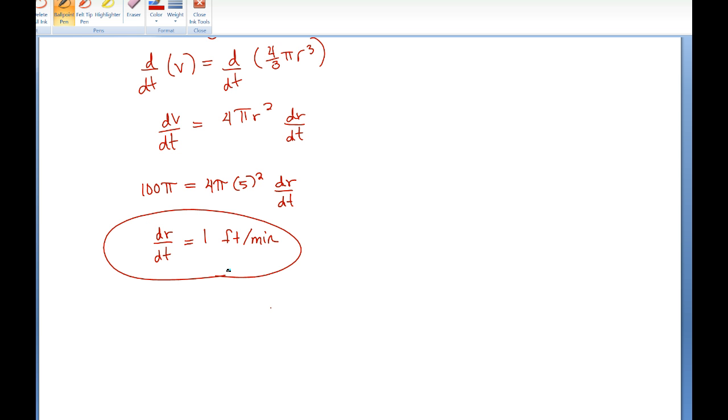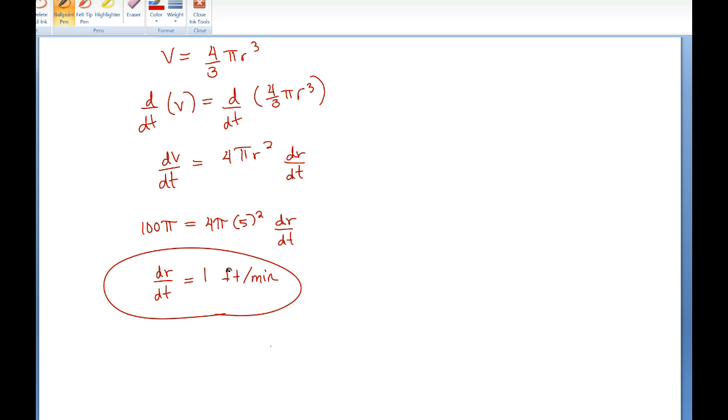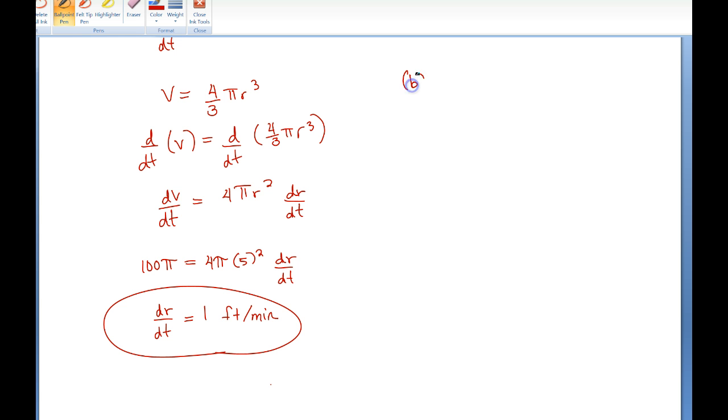And for part B, how fast is the surface area increasing at that instant? What is surface area? 4 pi r squared. We just talked about that. So let's do dS/dt. That's going to be 8 pi r dr/dt.